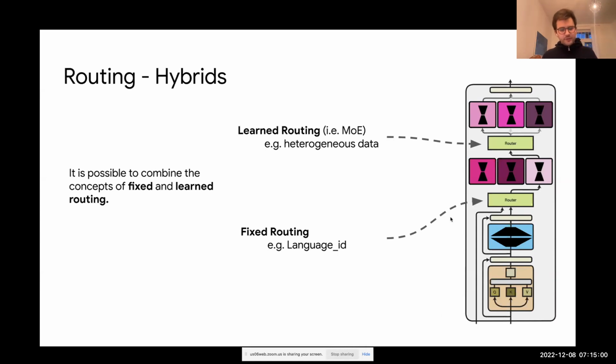But in order for us to disentangle more heterogeneous data, we can provide the model with the capacity to disentangle those concepts through learned routing additionally. So this can be, for example, training on unlabeled data on MC4, where the model then has the capacity to disentangle similar concepts that are shared across languages.